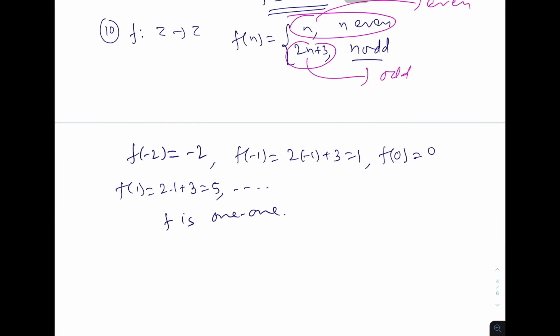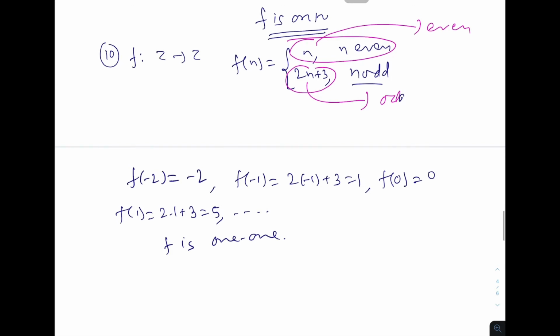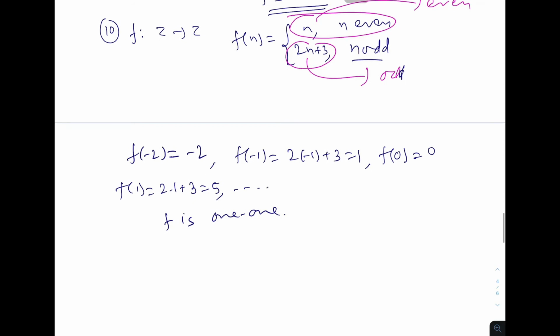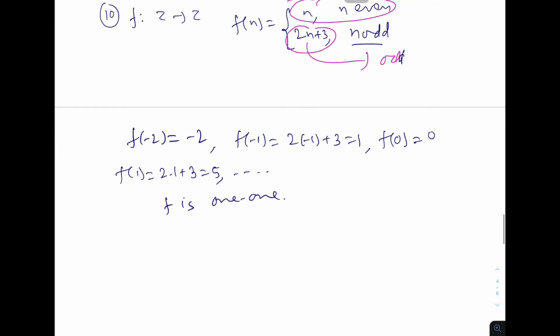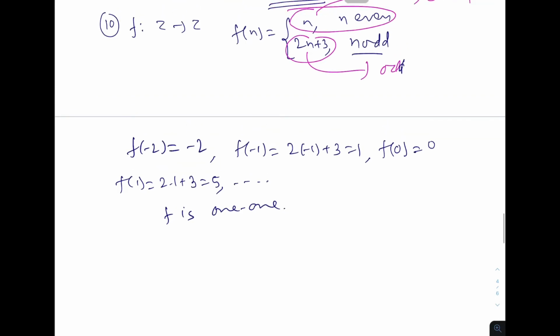Now, is there anything where the onto breaks? That means some of the elements may not have an image. Like 2: n is even, so that is there. But some elements may not have an image, like 3. Is 3 in the image? Does 3 belong to the range?